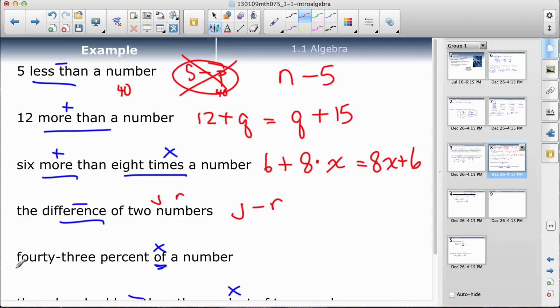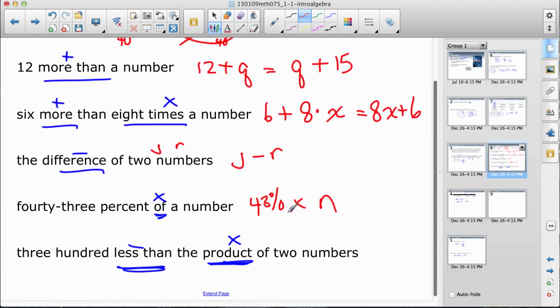43% of a number. I can write 43% of means times a number. Let's use n. So that would be an expression that represents this. Now 43%, often we convert percents to decimals, so another way of writing that is 0.43 times n, or 0.43n.